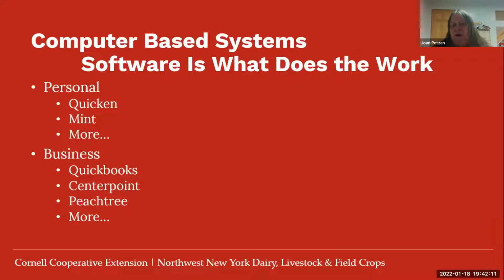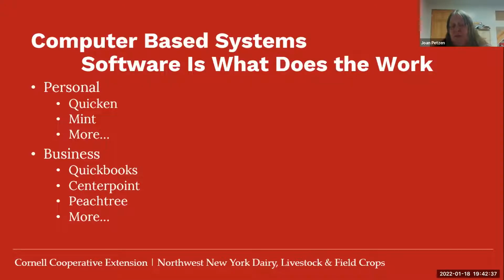It really drives off of your checkbook ledger. And then another is CenterPoint. CenterPoint is in New York State, in the Northeast. It is available through the Farm Credit System, and you can get into a lot more detail within CenterPoint than you might be able to within QuickBooks.